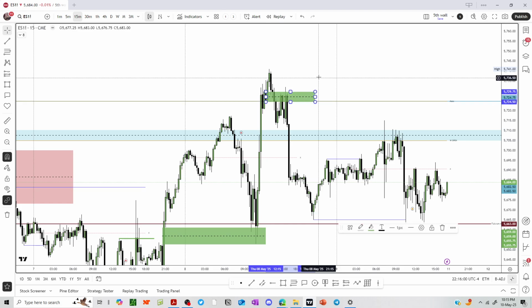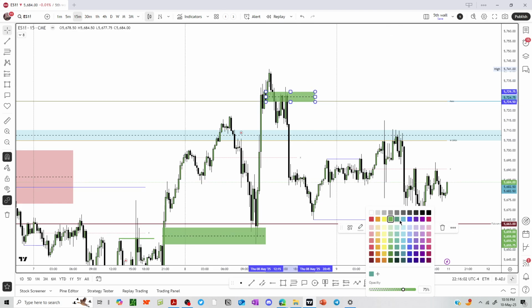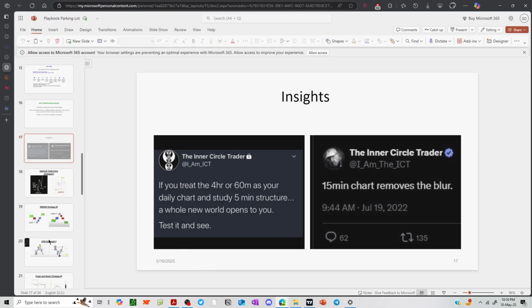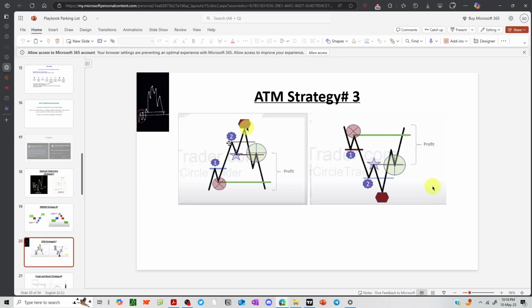I would utilize this because that's actually your, let me change the color. So this right here would actually be your ATM model. That would actually be this model here, trading back into the first down close candle prior to the stop run.